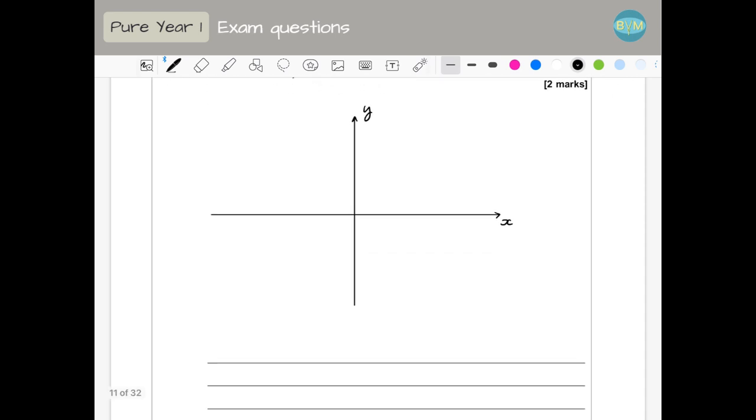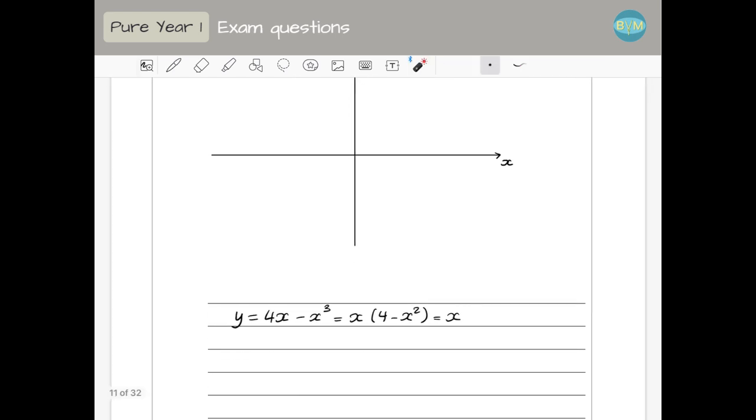So I have 4x minus x cubed. I'm going to get the x outside, and then I have 4 minus x squared. I can factorize that further because it's a difference of two squares. I have something squared minus something squared. I can do x minus 2, x plus 2, which means my roots are 0, 2, and minus 2.